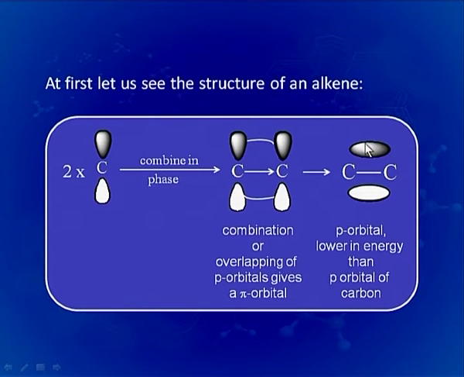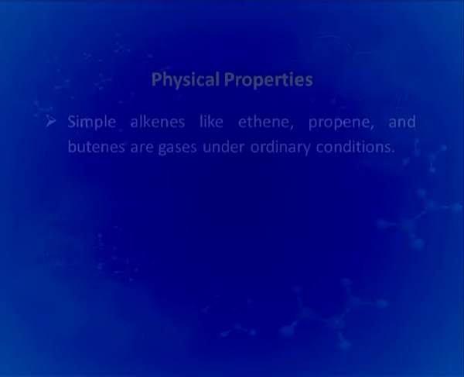The physical properties of alkenes are in fact dependent upon this structure, or this particular overlapping or distribution of pi electrons in these p orbitals.